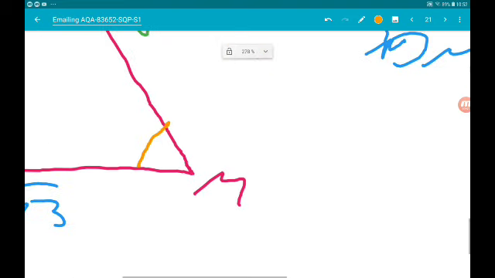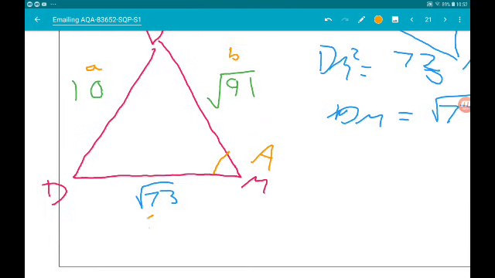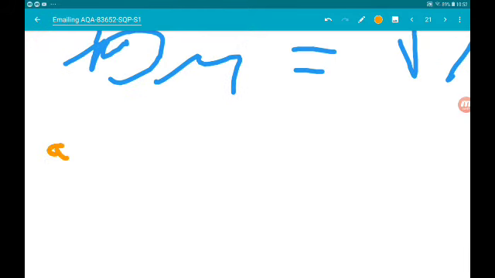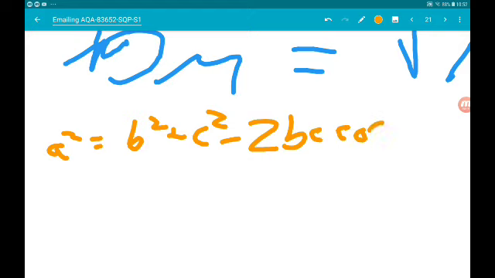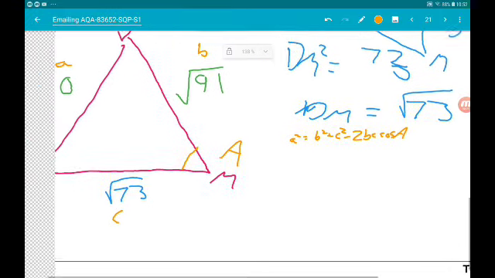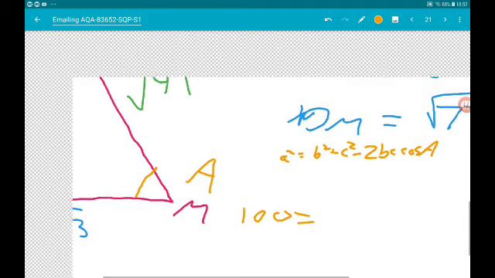So let's call this angle A. That makes this side A, and then B and C. Now the cosine rule is this guy, A squared equals B squared plus C squared minus 2BC cos of A. So we're going to get 10 squared, which is 100, is equal to B squared.